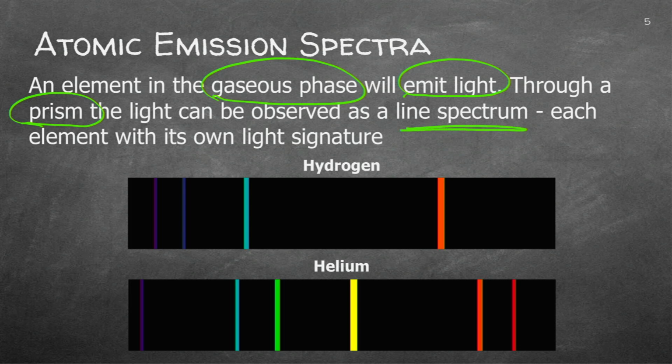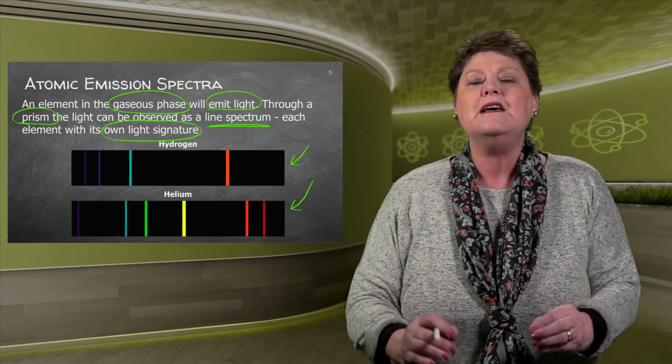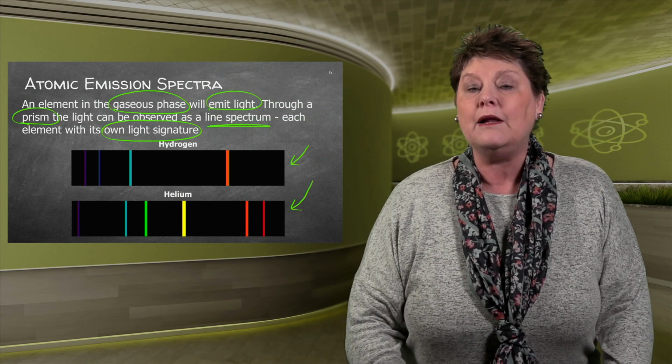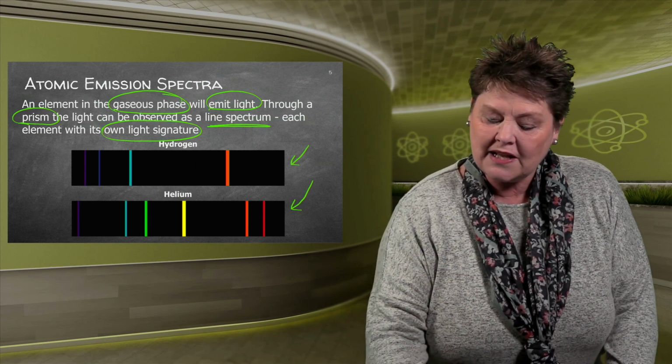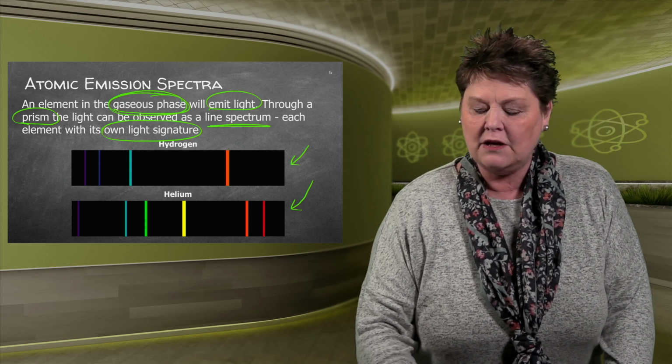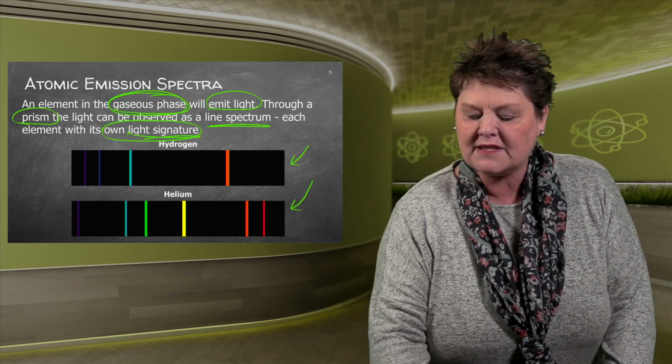Now I've got here the hydrogen line spectrum, and the helium line spectrum, and you can see they differ quite a lot. On this slide it's just hydrogen and helium, but every element in the periodic table, let me stress that again, in the gaseous phase will have its specific signature.